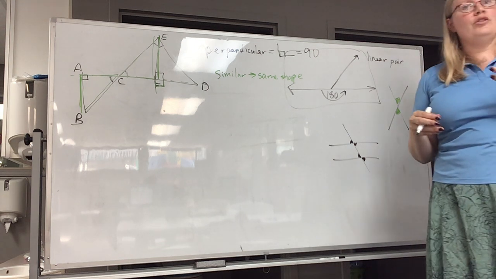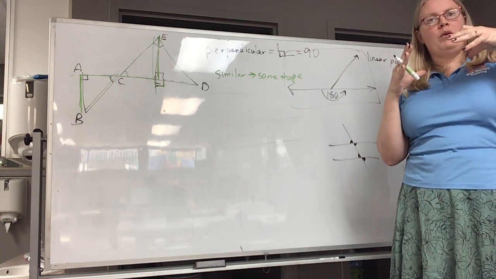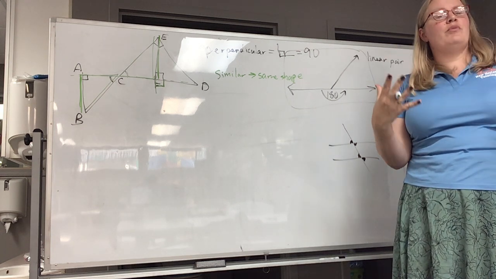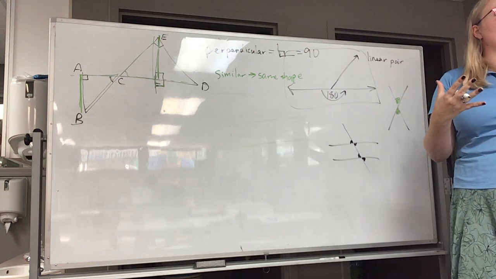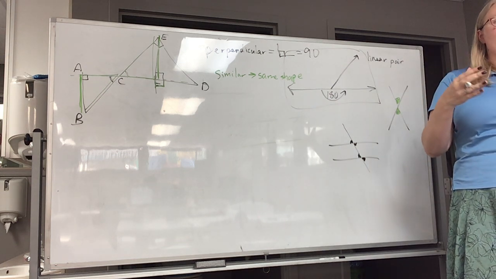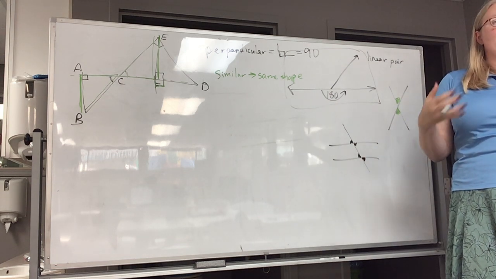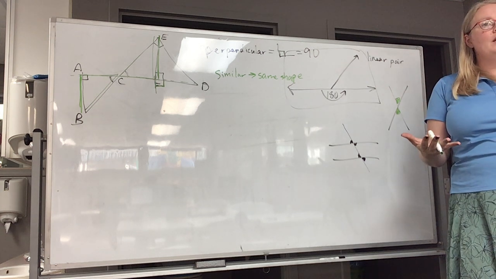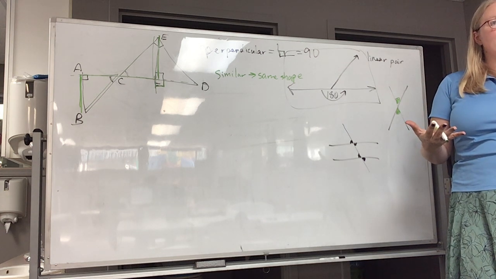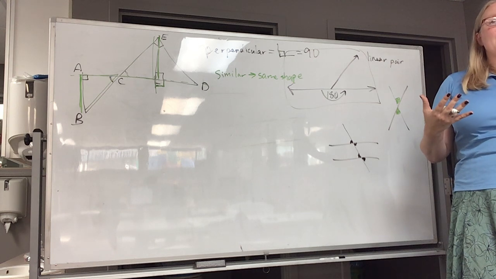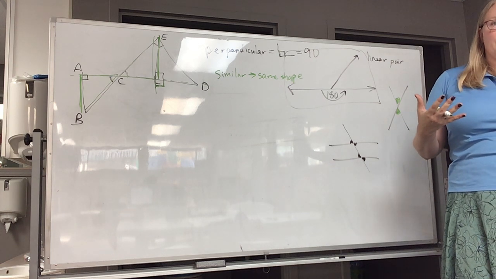And if you picture, have you ever done a PowerPoint in school and you try to put a picture into the PowerPoint and you go to move the picture and all of a sudden you've dragged the corner funny and the picture looks wrong and you know that it's wrong? That's your body interpreting not similar.